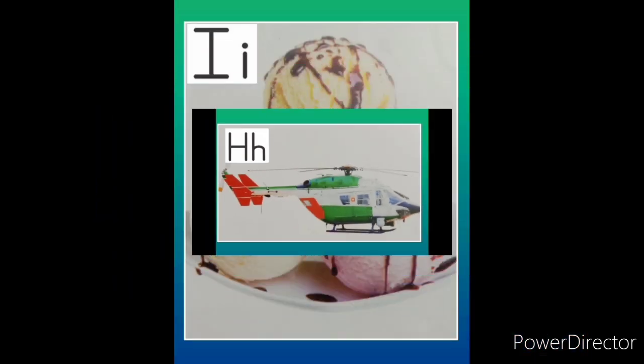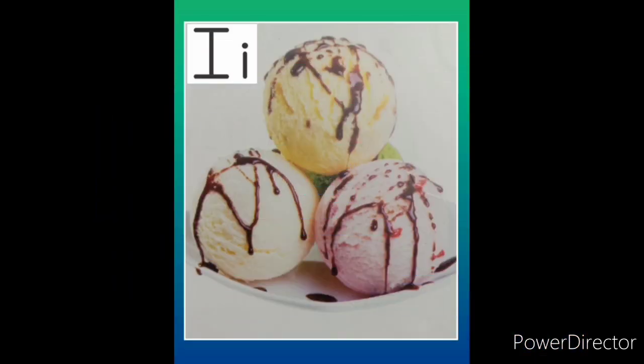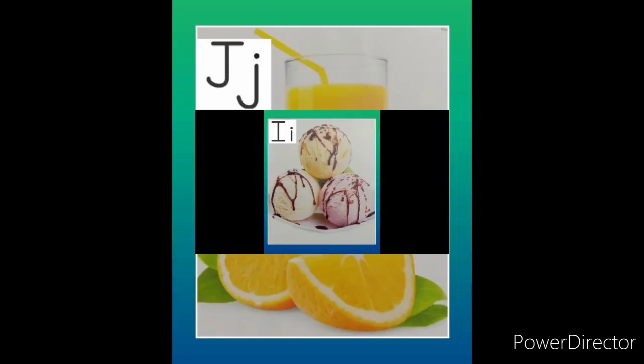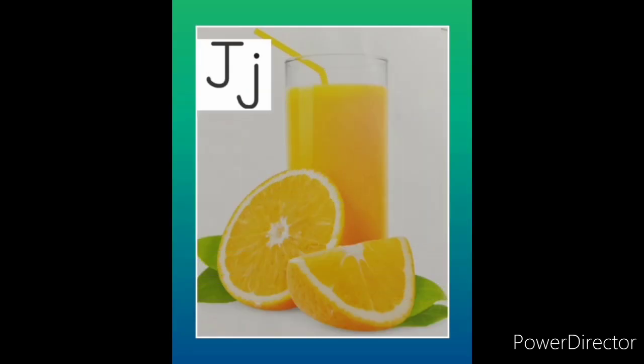What comes after H? I. Capital I, small i, Mama I, baby I. I for yummy yummy ice cream. What comes after I? J.